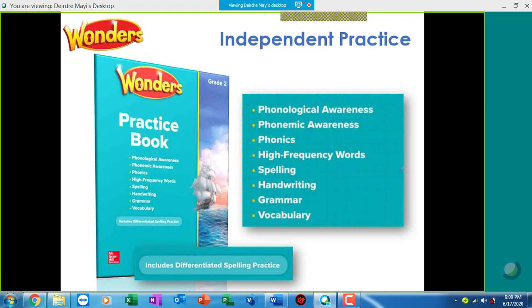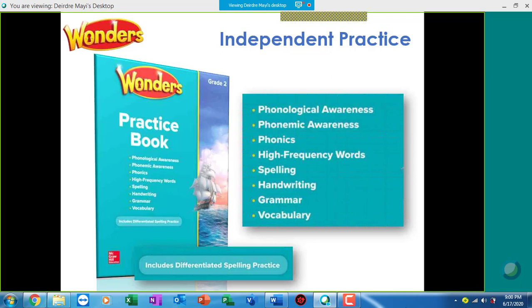Anything that's auto-graded, friends, will report to something called the data dashboard. I'm going to share that with you later, but I wanted you to know what your options are with respect to the practice book. Yes, you can print pages, or yes, you can assign the content digitally. Okay? So more about that later.